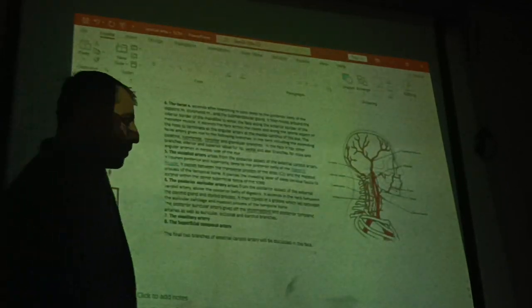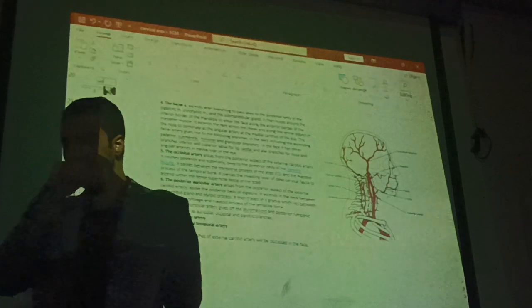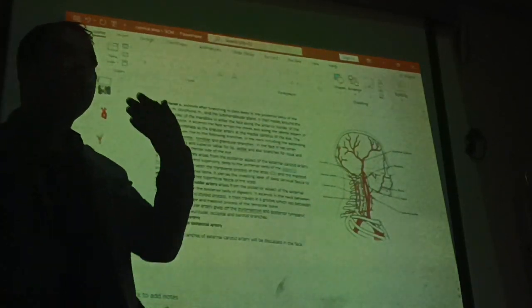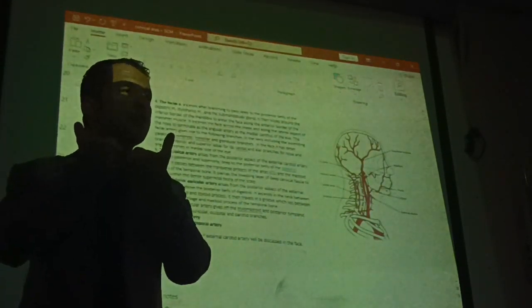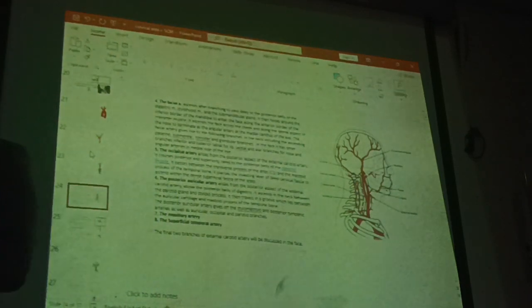Ascending pharyngeal artery. The ascending pharyngeal artery is separated from the medial surface of the external carotid artery.